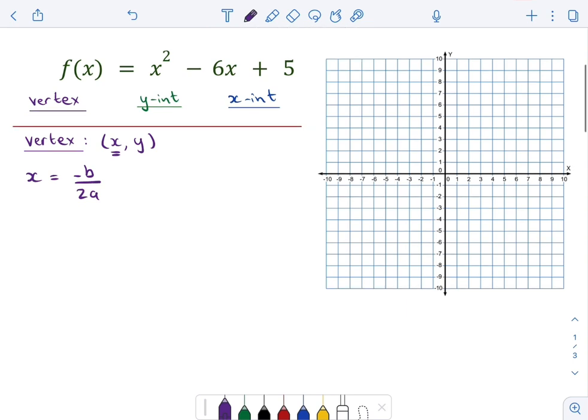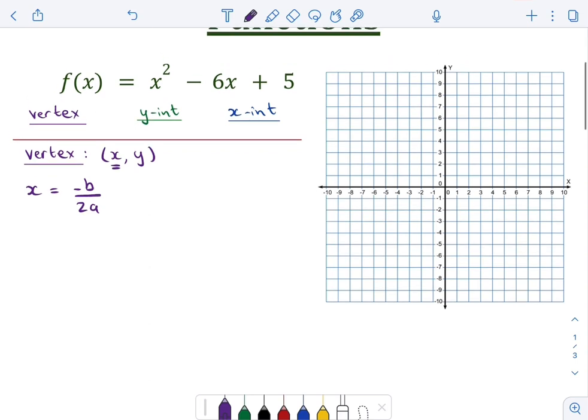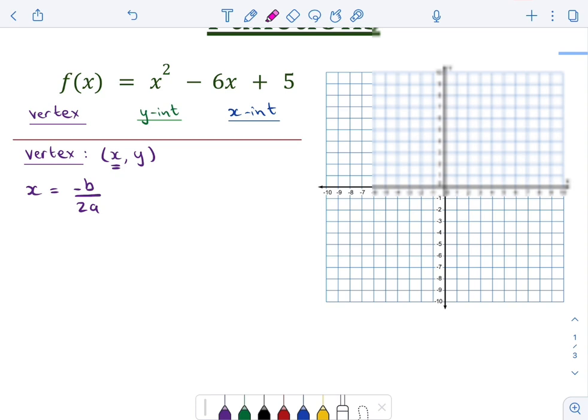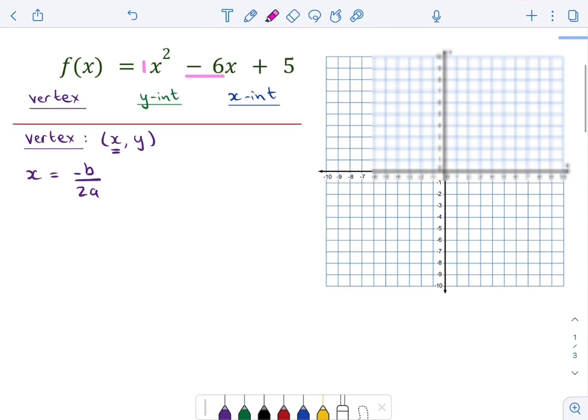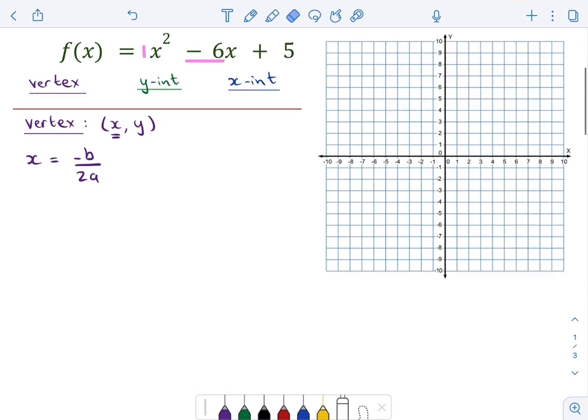If we input the values of b and a into this formula, we will get the x value of the vertex. Well, a is the number in front of x squared, b is the number in front of x, and if we had to use c, it would be the last number here. But we are only looking at a and b.